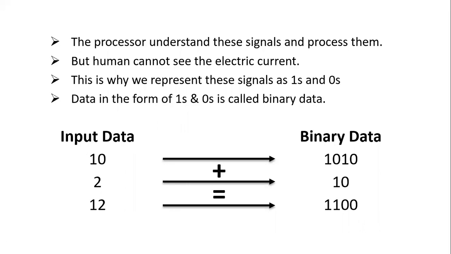Over here, 1010 is representing the number 10. Similarly, 2 is represented as 10. And if we enter 12, it's 1100 in binary data. This conversion is done in the processor by itself.